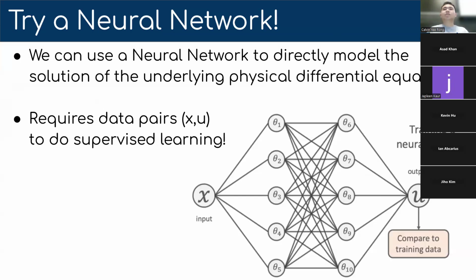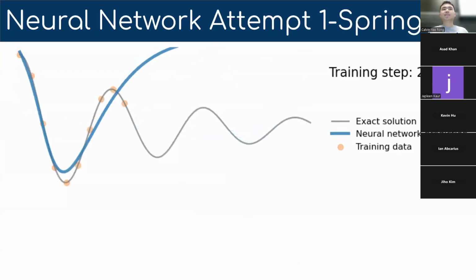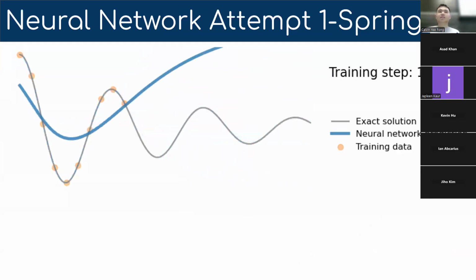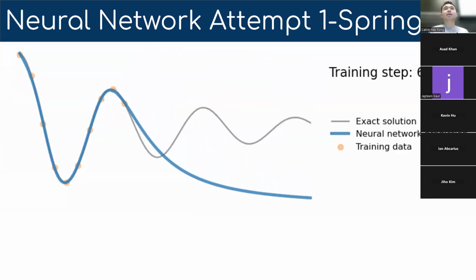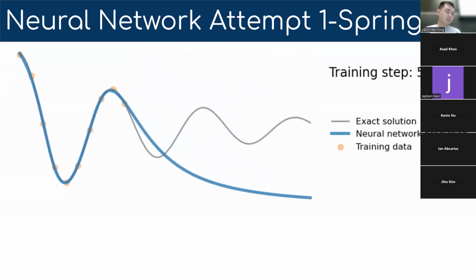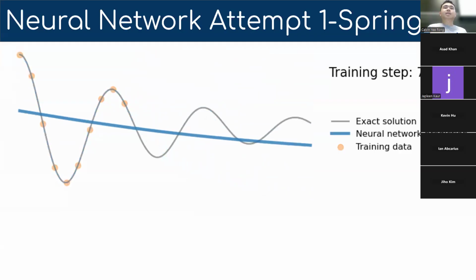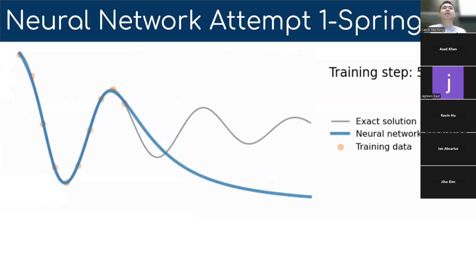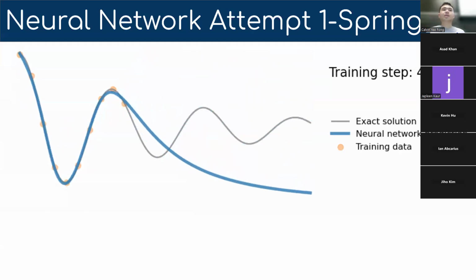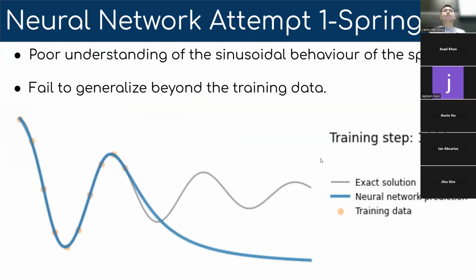So what happens when you try to do this training and predictions? Well, it's a bit finicky. For one example, with the spring, you can see that during the training, the neural network is having difficulty extrapolating beyond the training data, and it doesn't fit the underlying sinusoidal behavior that you expect from a spring.